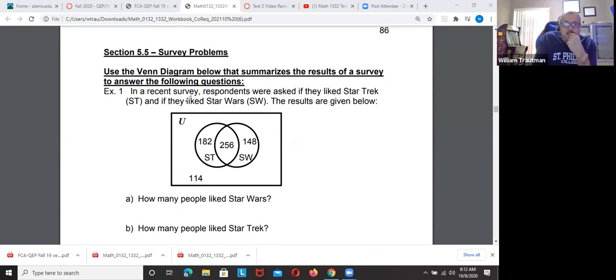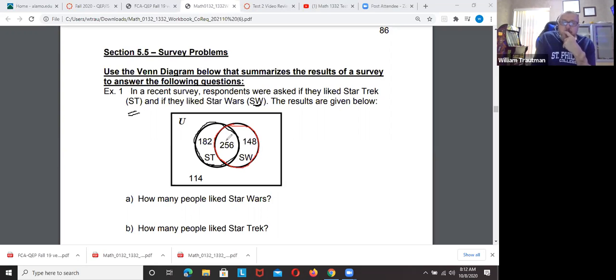So it says in a recent survey, respondents were asked if they like Star Trek or Star Wars. Do you see, Star Trek is this circle, and Star Wars is this circle?